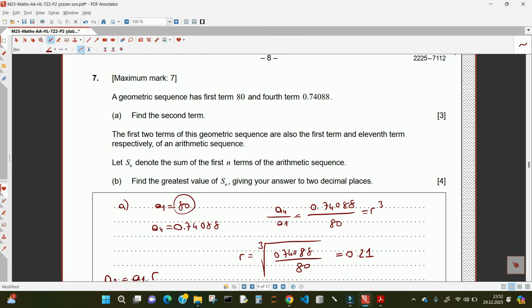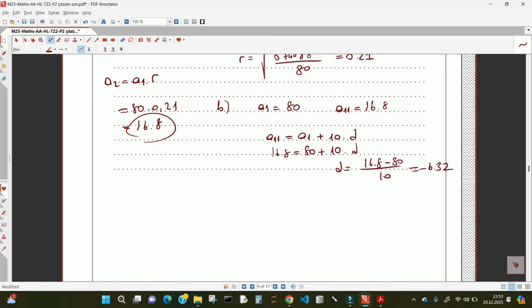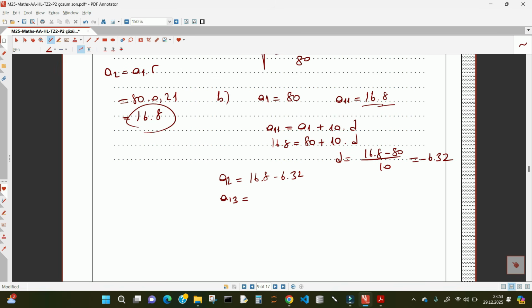To make the sum of the first n terms the greatest, as you see from here, the 12th term will be 16.8 minus 6.32, and the 13th term will be less than this number by subtracting 6.32. So let's calculate this one. The 12th term is 10.48.